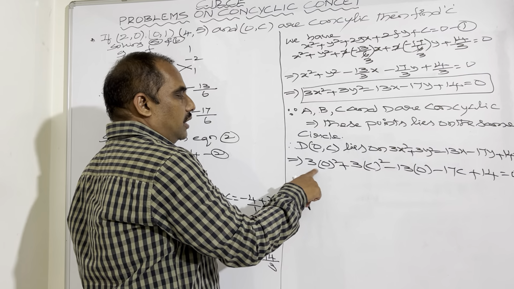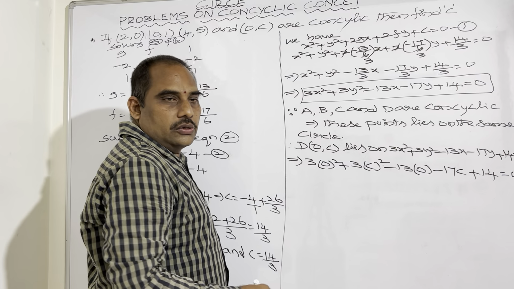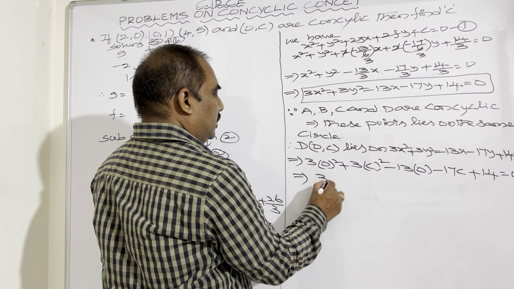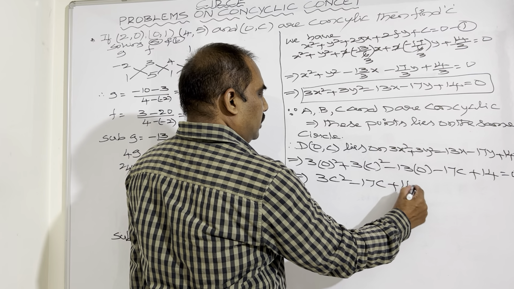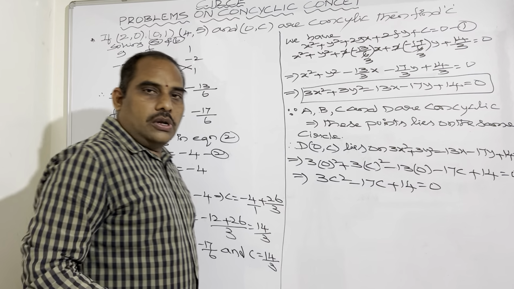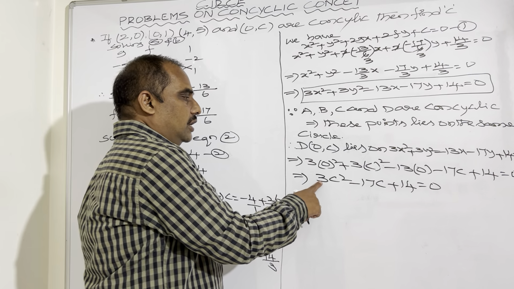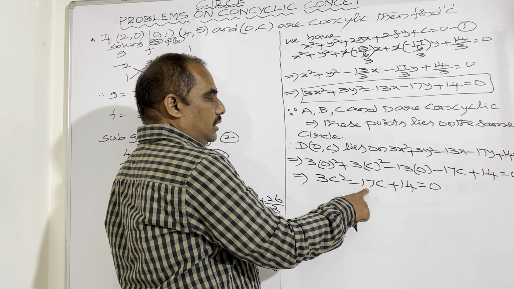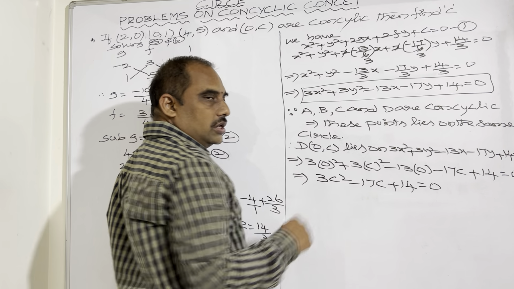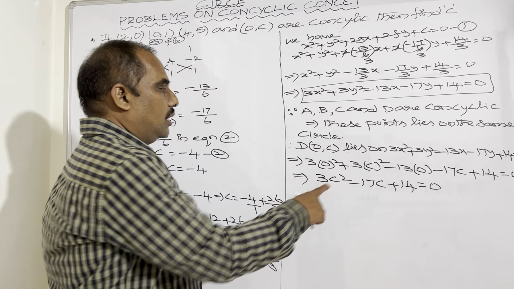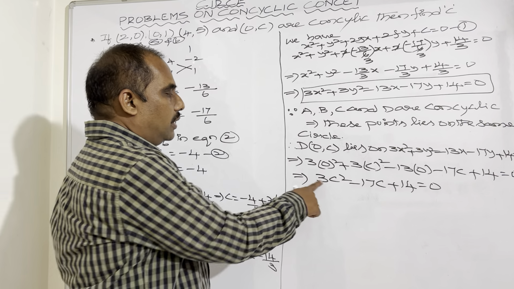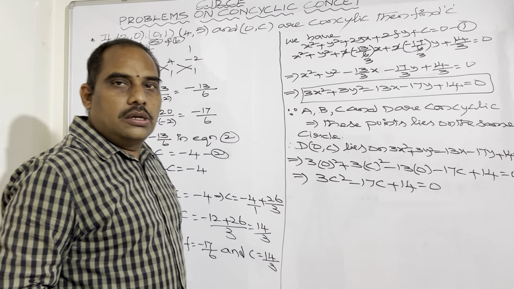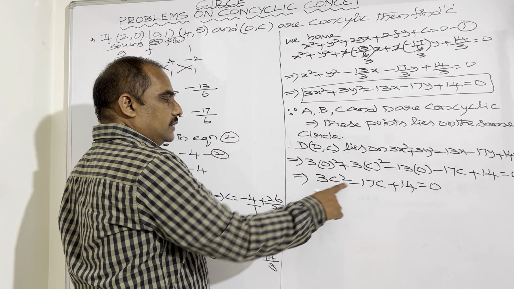Finally what we get: we get 3c square minus 17c plus 14 is equal to 0. Now factorizing, by splitting the middle term: 17 is there, 3 into 14 is 42. The factors of 42 are 3 and 14, because 3 plus 14 is 17.